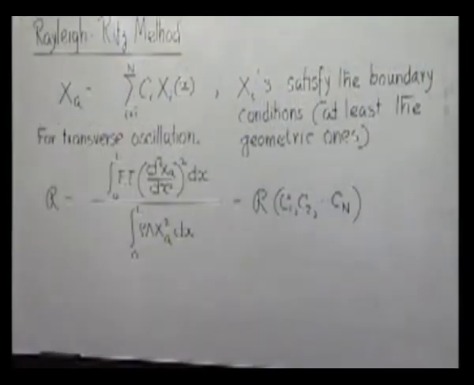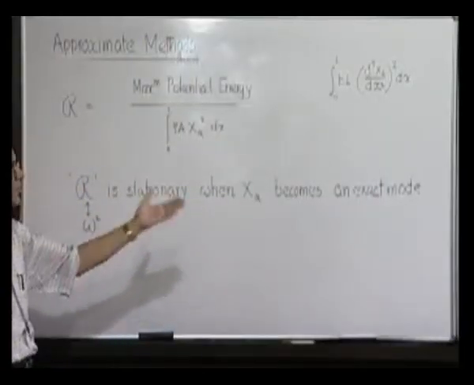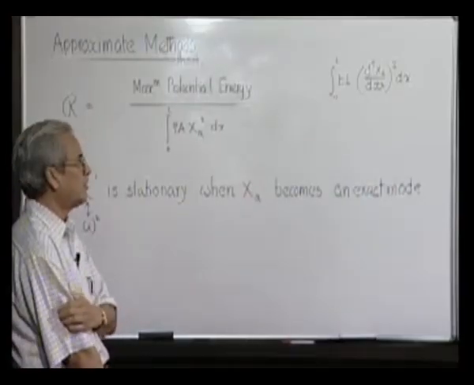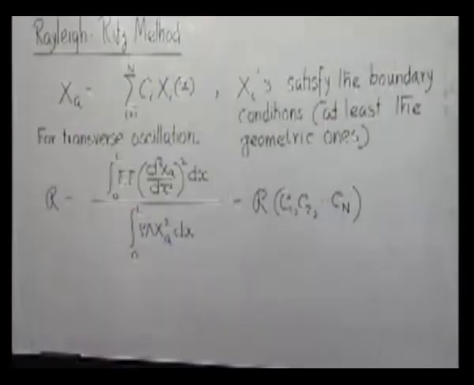Here comes the utilization of this property, that we should select C1, C2 and so on up to Cn in such a way that we get the minimum value of R. That means it will be nearest to the real value of the natural frequency square.